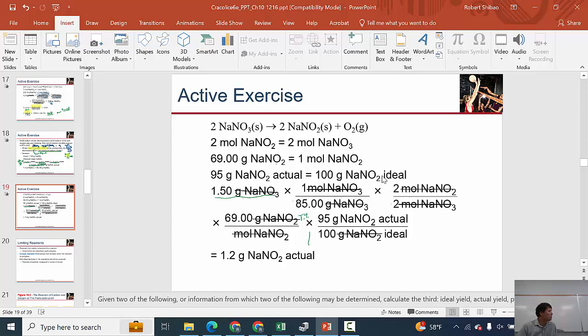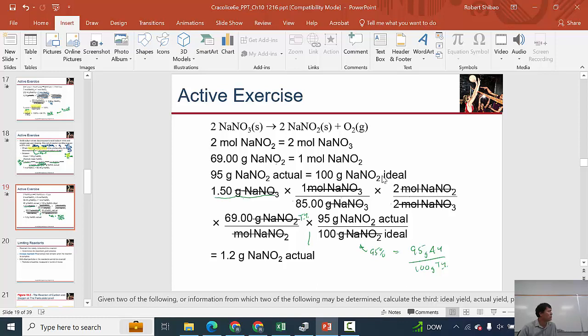What they're going to do is use the 95% as a conversion factor. The 95% means that for every 100 grams of theoretical yield, we get 95 grams of actual yield. So they convert the percentage into a fraction, and we can use that as a conversion factor. For every 100 grams, we only get 95 grams, so the expected loss here is 5 grams.